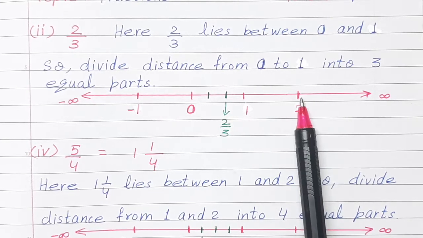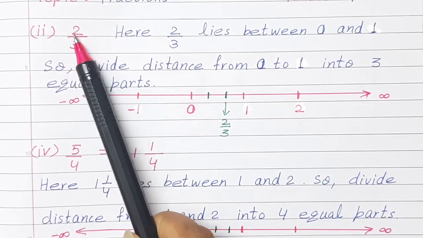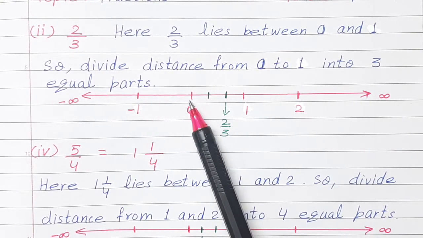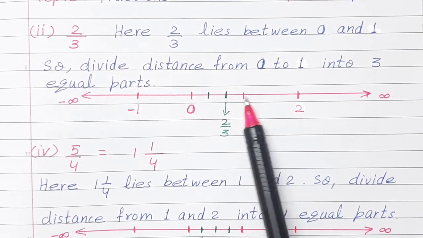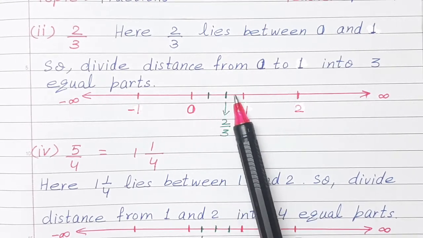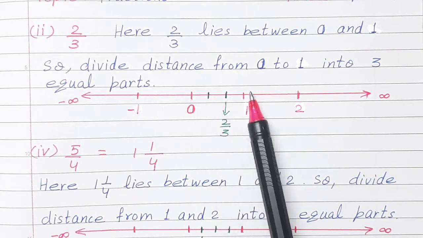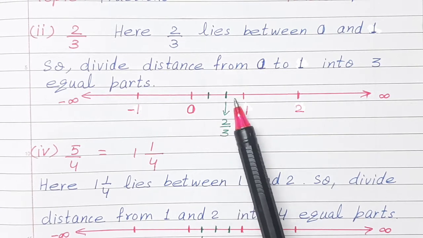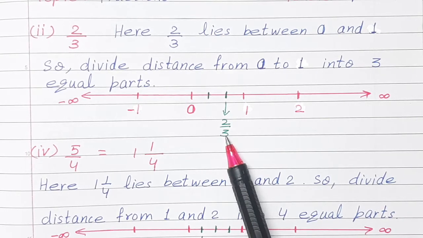Same distance. Now see the denominator is 3. So the distance between 0 and 1, we have to divide into 3 equal parts. Clear? Now, after that, the first one is 1/3 and the second one is the required fraction, that is 2/3.